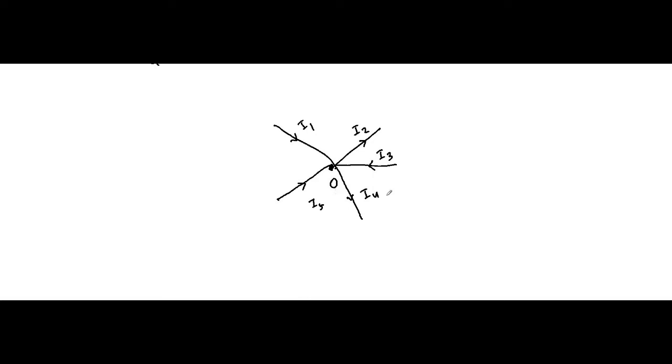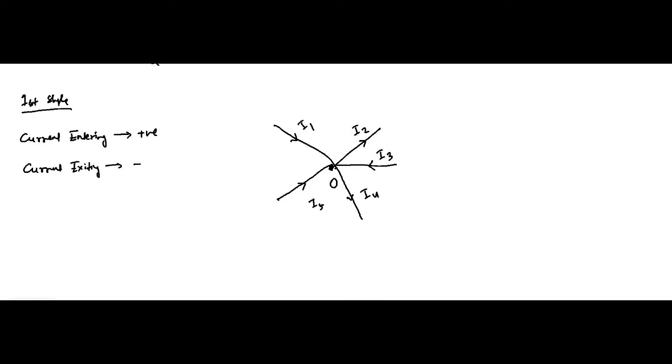Here the direction of current is very important. One convention, the first style, says that current entering the node or point is taken as positive, and current exiting, flowing away from the point, is taken as negative.